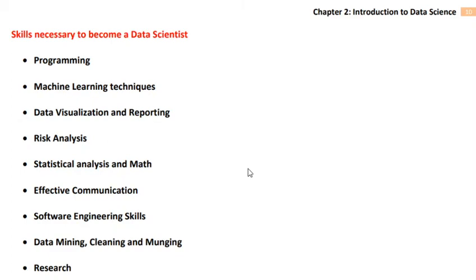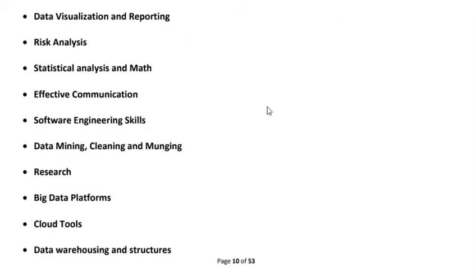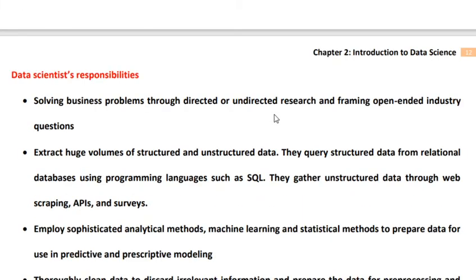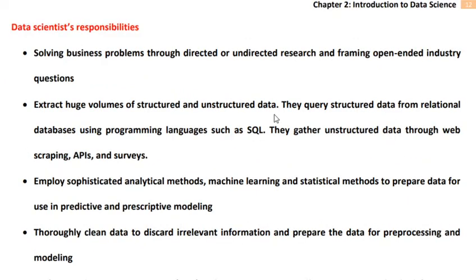You should have knowledge about data mining, cleaning, and merging. Right, you should have a research background, and good knowledge about big data platforms. Likewise, you should have knowledge about warehousing and the various data management techniques and structures, right? So these are some of the essential skill set that are expected from data scientists.